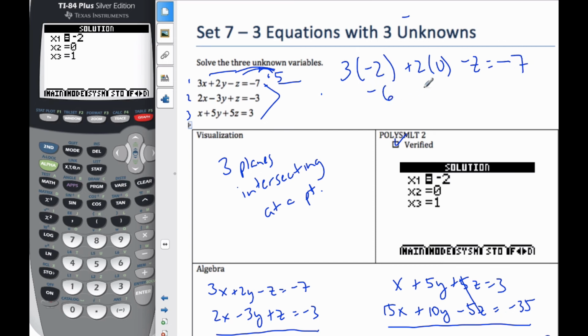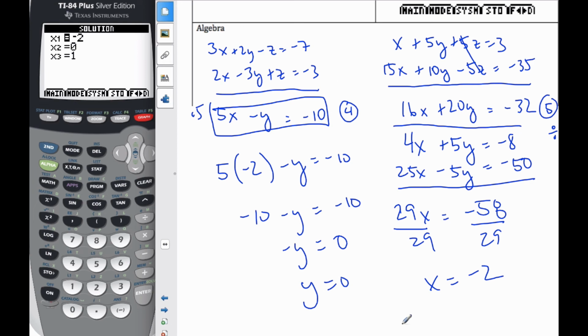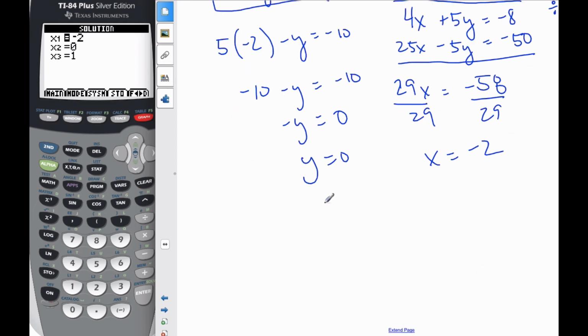So negative 6 minus z, because this is 0, is equal to negative 7. I add the negative 6 over, so I get negative z is equal to? Negative 1. Super. And so z is equal to 1. So now I put it all together, and yes, I do have negative 2, comma 0, comma 1, which is equal to x, y, and z.